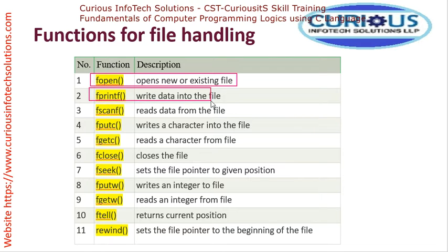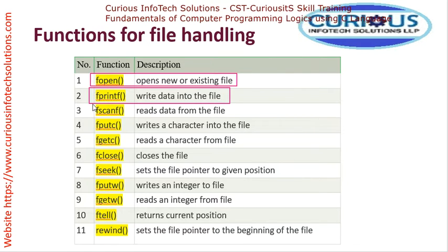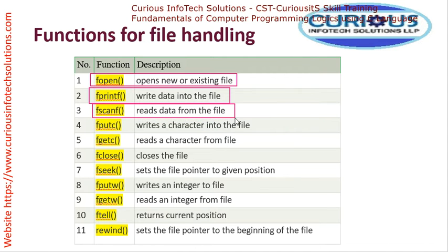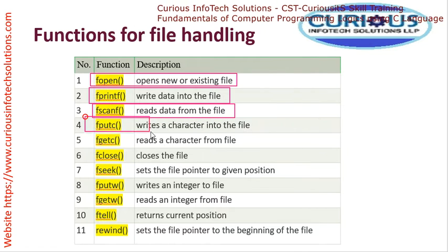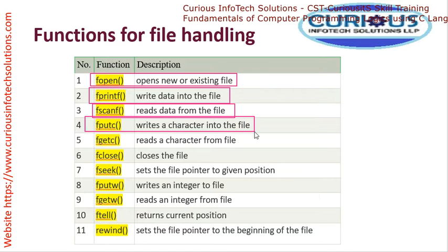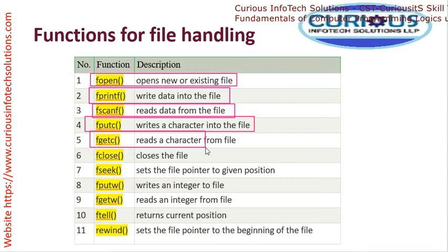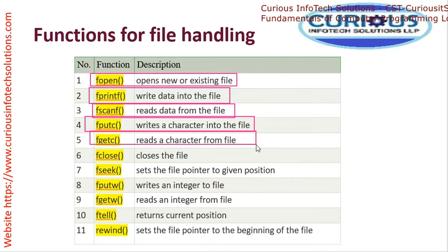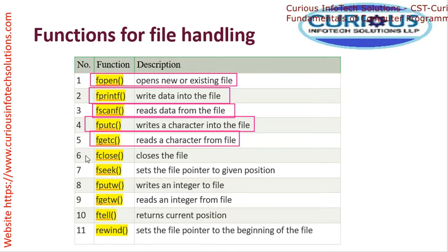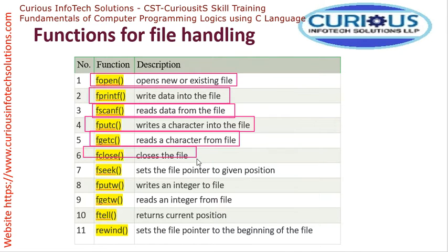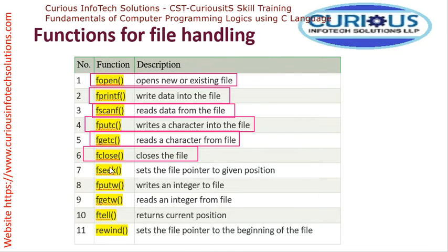Fprintf, write data into file. Fscanf, read data from file. Fputc, write a character into the file. Getc, it reads a character from a file. Of course, fclose, it closes the file.